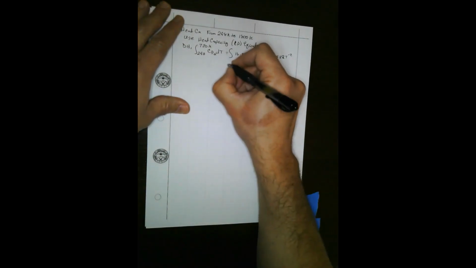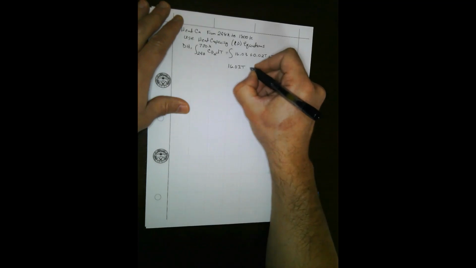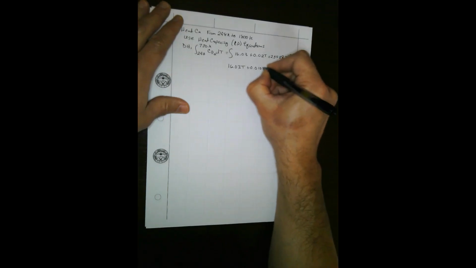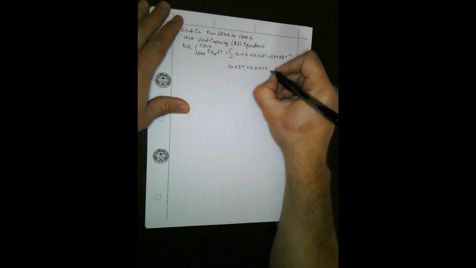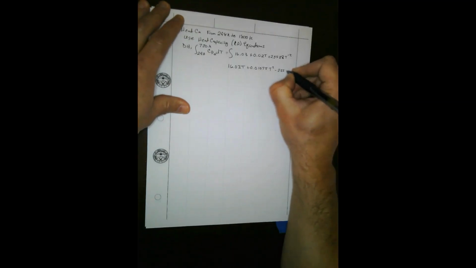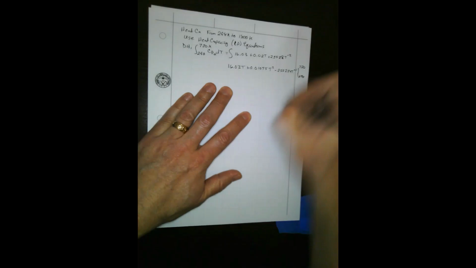So that gives us an integral of 16.03 T. We've seen this equation before, plus 0.0175 T squared, excuse me, minus 255,224 T to the negative 1, and sorry, I'm after the engineering paper margin here, over the interval 298 to 720.